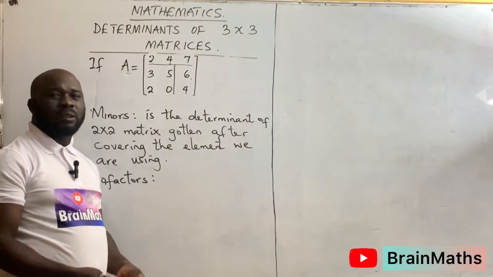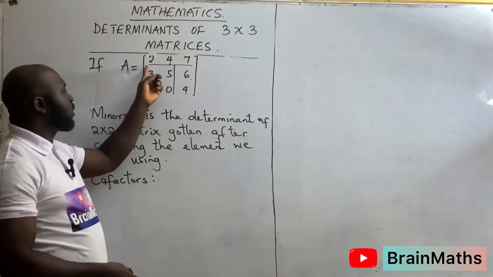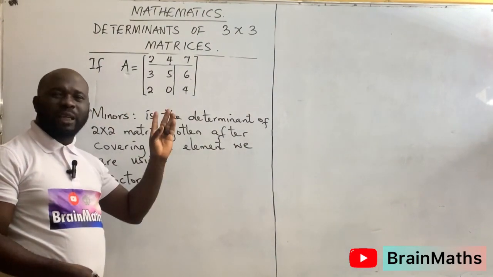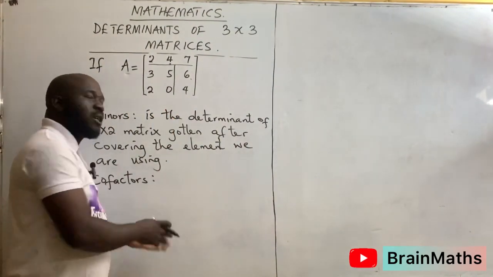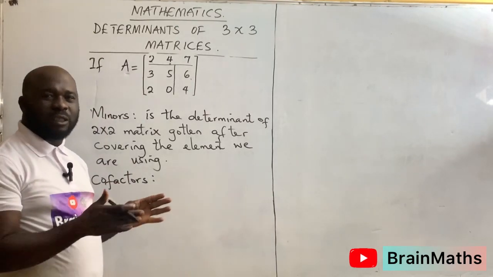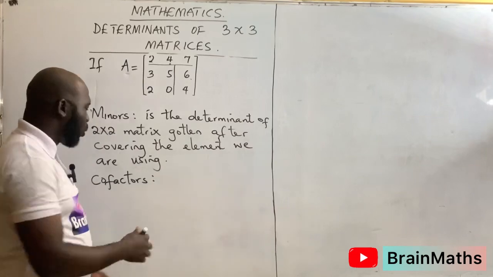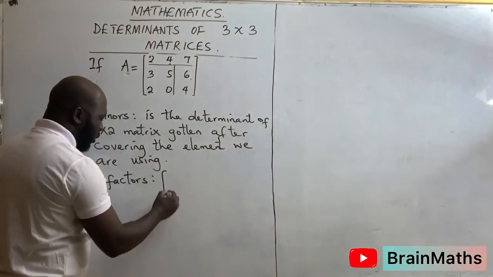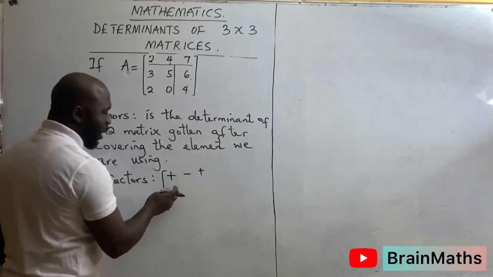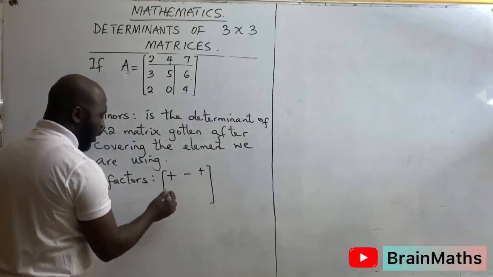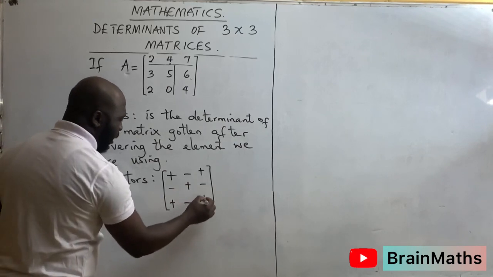After getting the determinant, the sign in front of the element and the minor is determined by the cofactors. So the cofactors are just signs like plus, minus, plus. Since we are using 3 by 3, we have plus, minus, plus, minus, plus, minus, plus, minus, plus.